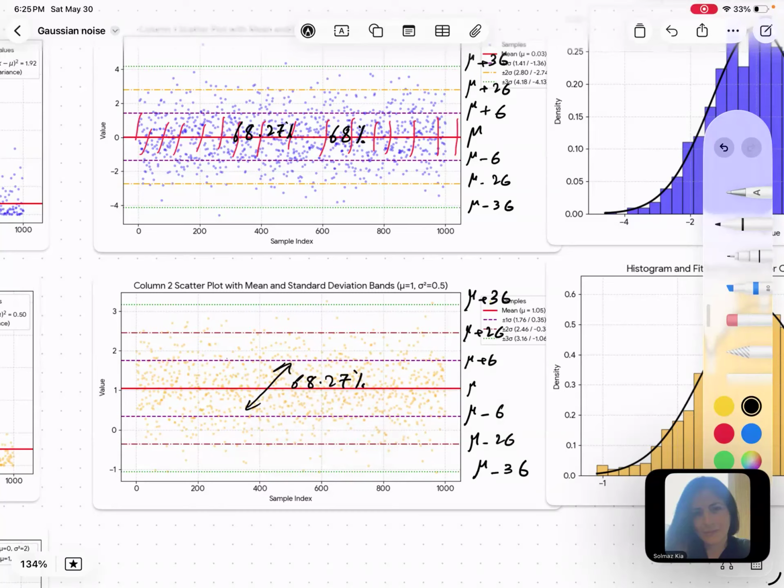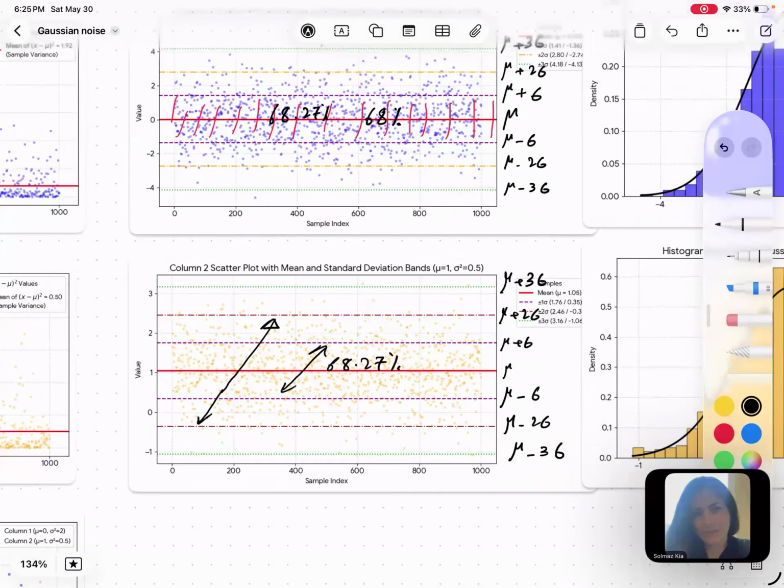Then in the 2 sigma bound, through results that we have from analyzing Gaussian distributions, we know that 95.45% of your data are going to fall in that range. And eventually, in the 3 sigma bound, 99.73% of your data falls in this range. The same thing here. So let me clean up a little bit.